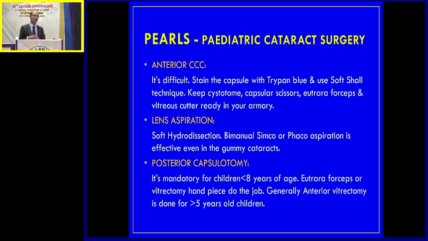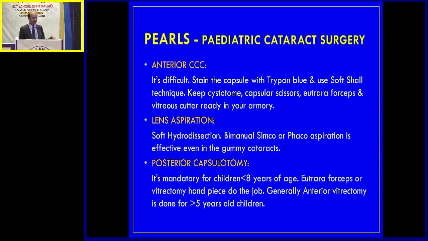We put dispersive viscoelastic anteriorly and cohesive posteriorly and make a deep anterior chamber so that we safeguard the cornea as well as have pressure on the lens capsule to get a good uniform CCC, because the chances of extension of the CCC in pediatric cataract are much more than in the elderly. The smaller the child, the higher the chance, because the capsule is highly elastic and runs away easily. It gets out of control.